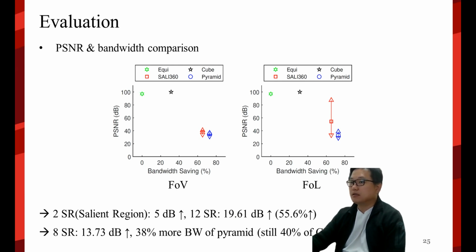So cube map, I save about 25% data, but I'm seeing almost 100% of the data contents, which is good. So pyramid, I can save up to 80%, but my quality PSNR in the FOV, I can only see the 30 dB.